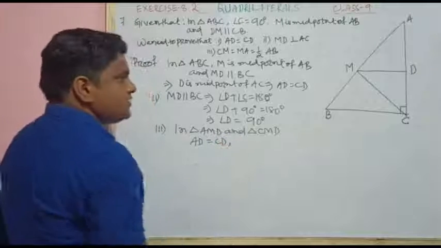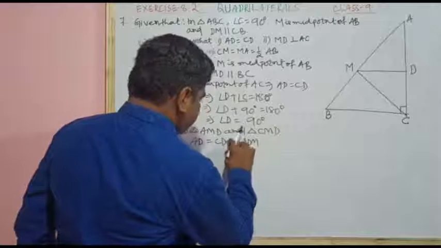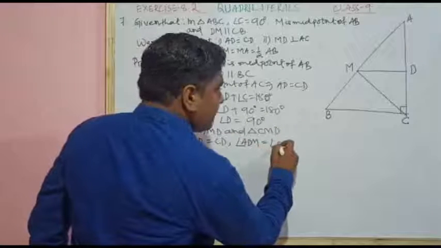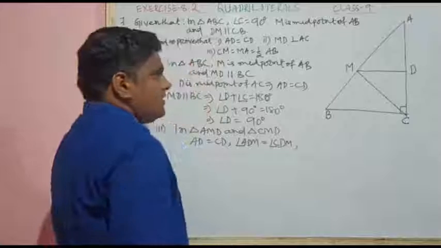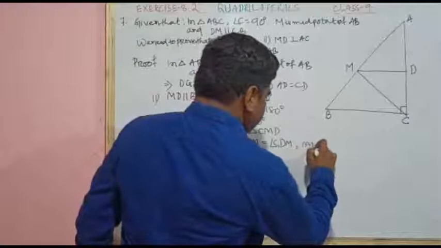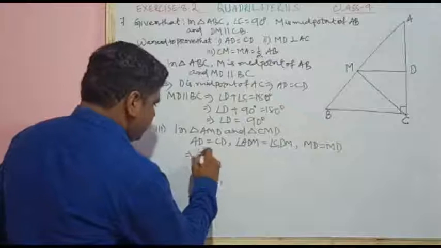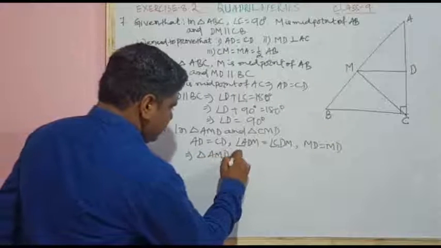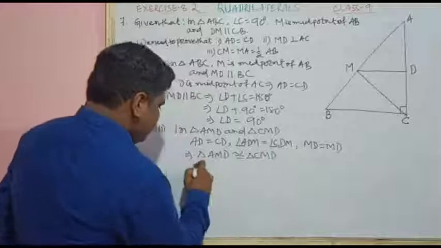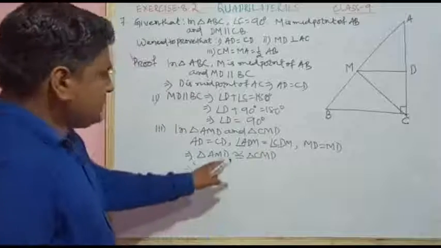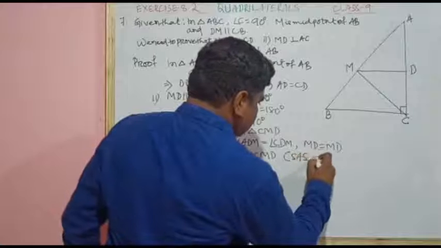AD is equal to CD, angle ADM is equal to angle CDM, and MD is a common side, MD equal to MD. So this implies that triangle AMD is congruent to triangle CMD, by the SAS congruence rule.